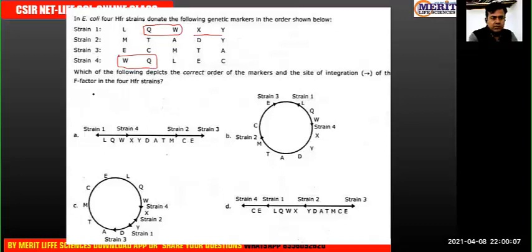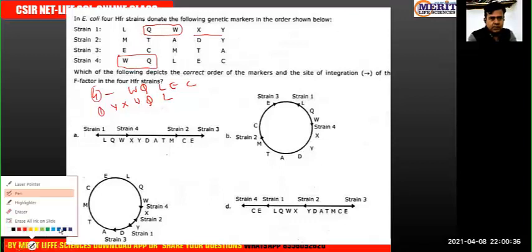So start with strain 4: WQLEC, but strain 1 is showing reverse order, na? L, Q, W, X, Y. Correct? Now you are getting some hint?